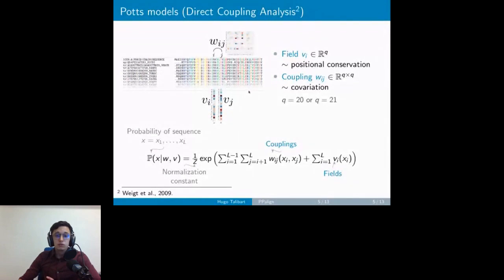So in addition to these parameters which describe positional conservation, there are also the pairwise coupling parameters, which we denote w_ij, which are interaction matrices between two positions i and j in the multiple sequence alignment. And roughly speaking, they capture the direct correlations or anti-correlations between letters at two positions in the alignment.